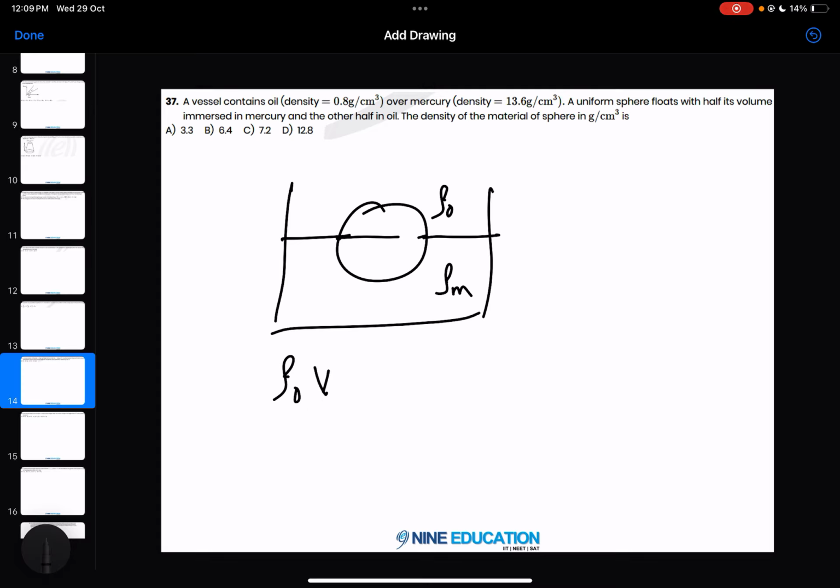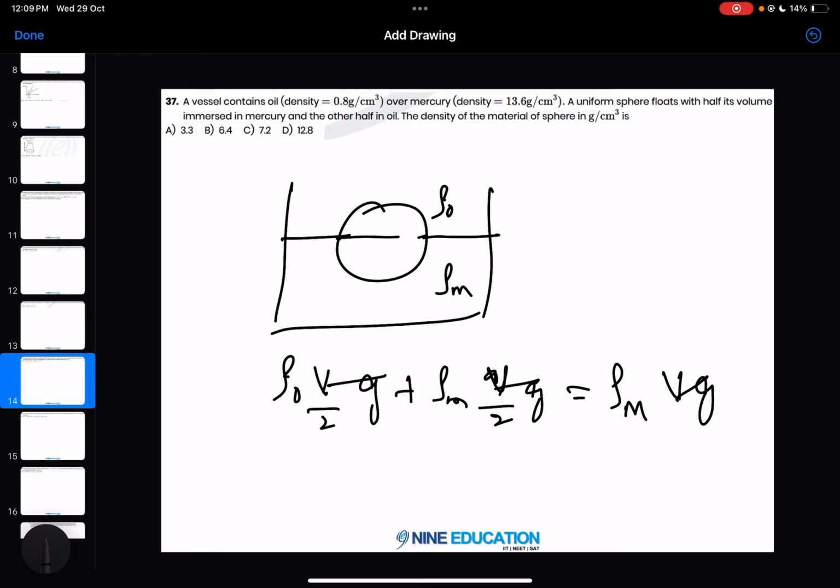Rho oil, only half the volume is inside, rho v by 2 into g. So this is density into volume, which will give mass times gravity. Buoyant force, rho vg. Rho mercury, volume by 2 into gravity, must be equal to rho of the material, capital M, v into g.